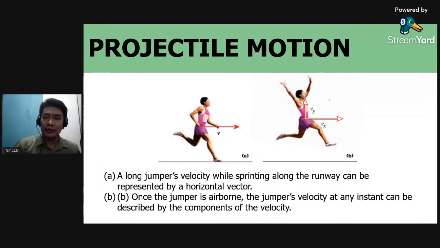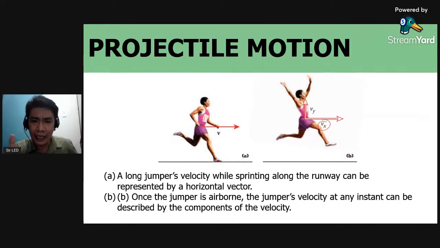The components of the velocity will be two. We have v sub x, the horizontal velocity of the sprinter, and v sub y, which is the vertical velocity of the sprinter, because that sprinter jumped. So there must be a consideration with the horizontal velocity and the vertical velocity of the sprinter.